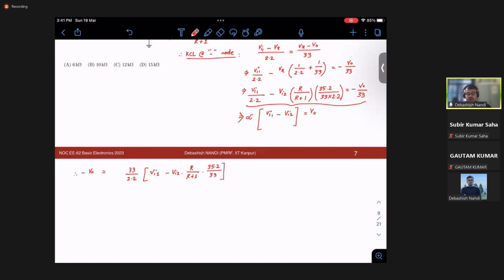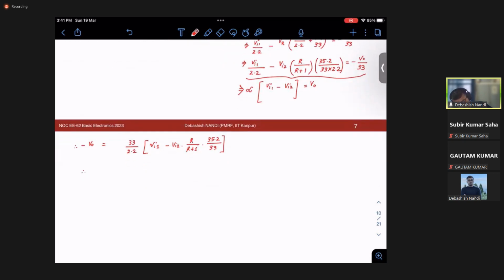This is multiplying on the other side, 33. So now if you see, V naught is equal to 33 over 2.2 into Vi2 into R by R plus 1 into 35.2 over 33 minus Vi1.